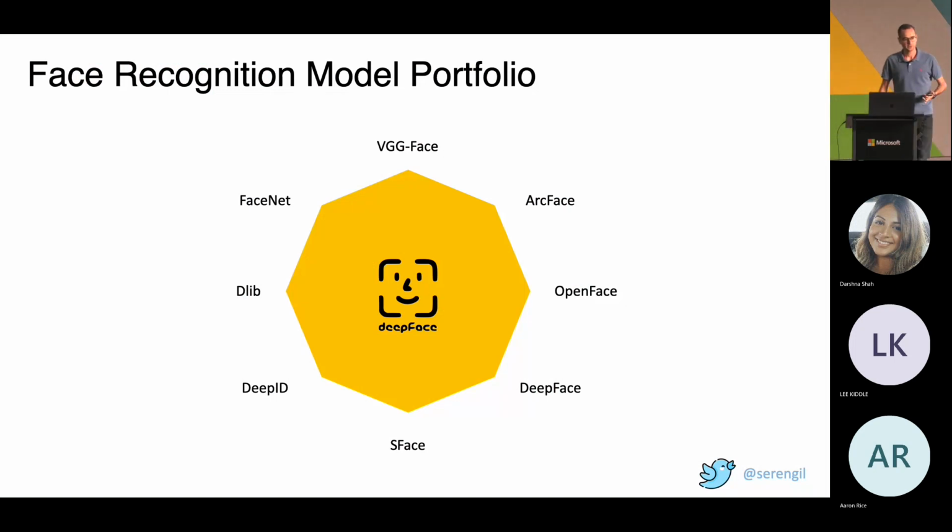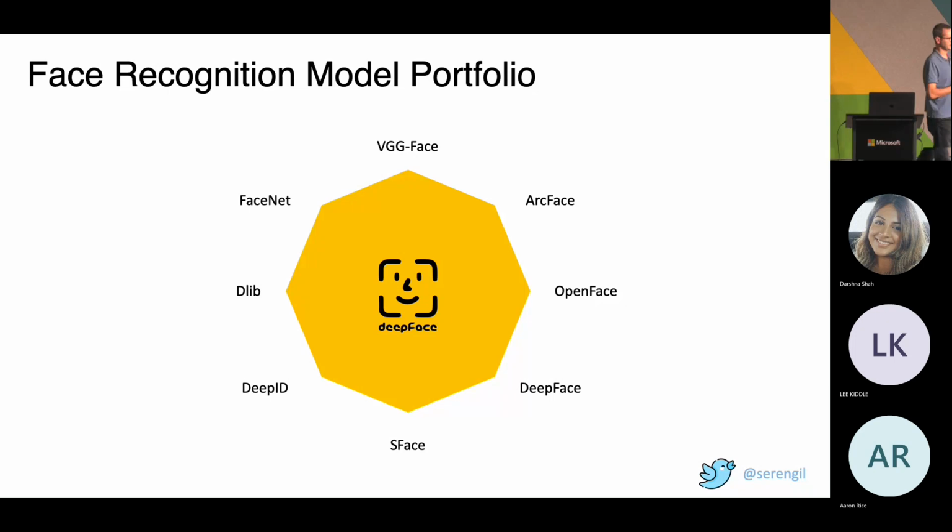As I mentioned, the representation stage is fully based on deep neural network models, and these are the common facial recognition models today. The first one is VGGFace. It's built by Oxford University researchers. The second is FaceNet. It's developed by Google.